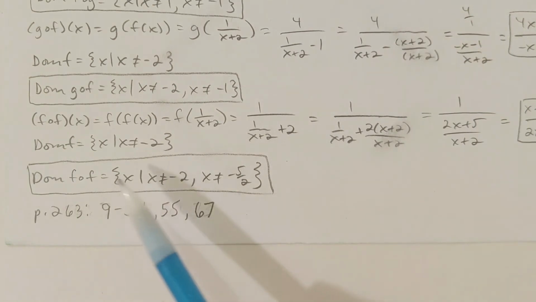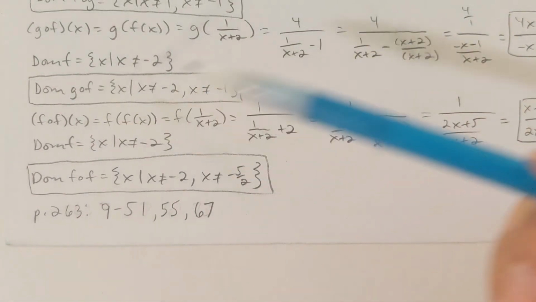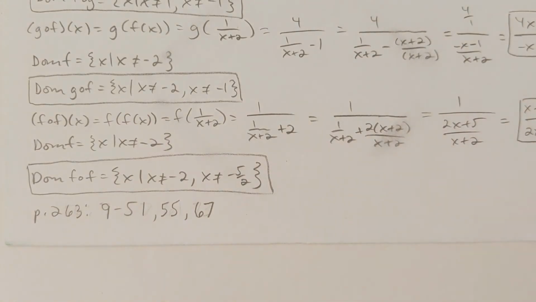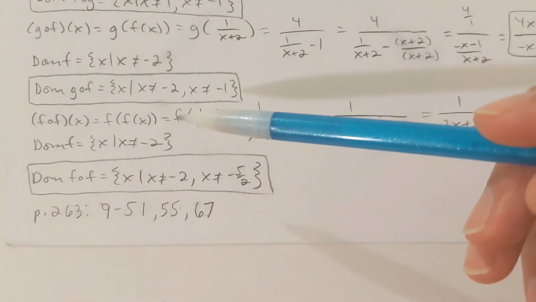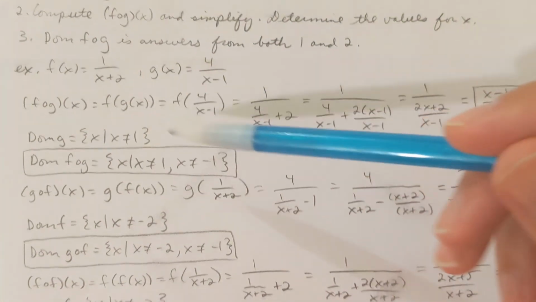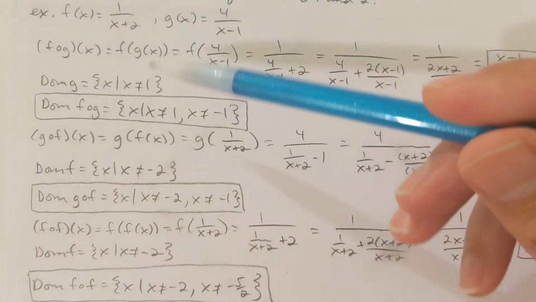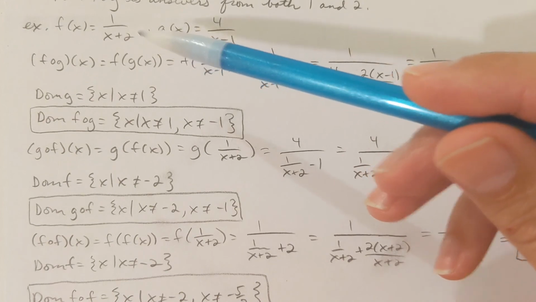Okay, and there's things like f composed f, g composed g, etc. So for example, f composed f means I've got to plug f of x into itself. f of x is 1 over x plus 2. So I've got to plug that into f. f is 1 over x plus 2.